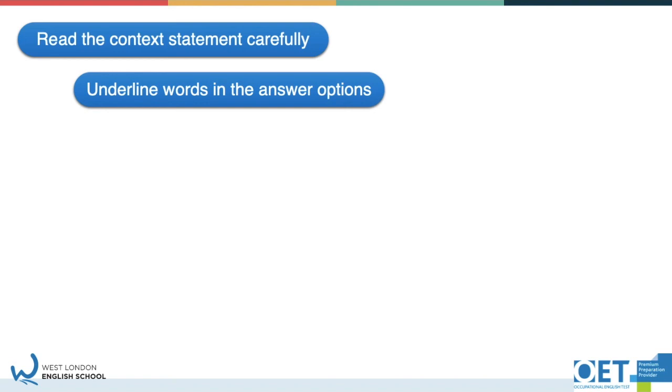Underline words in the answer options, and remember, don't just underline one part. You've got to make sure that you've read the whole answer. Just because the word worried is there, and maybe the patient is worried, it doesn't mean that they're worried about the certain thing that is in the answer option. So read these answer options very, very carefully.